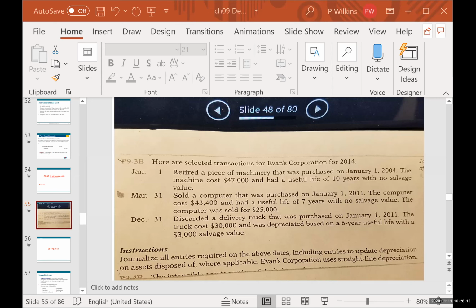All right. Disposal date is, let's see, does it tell us the disposal date? Hold on a second.